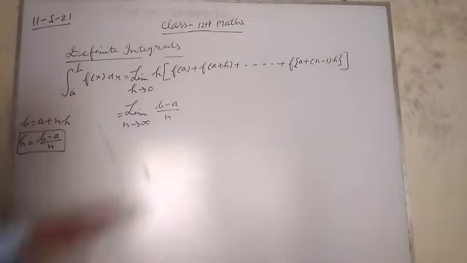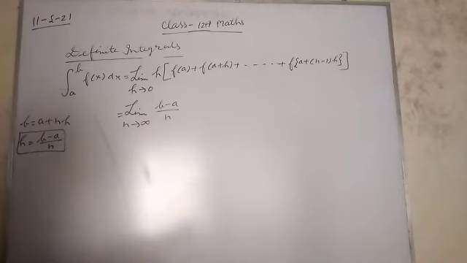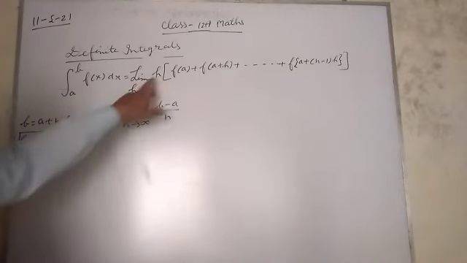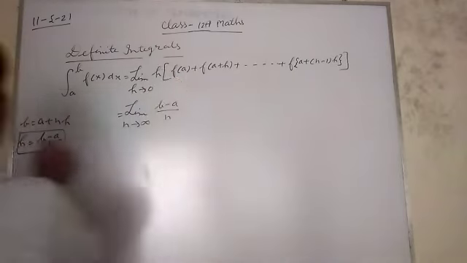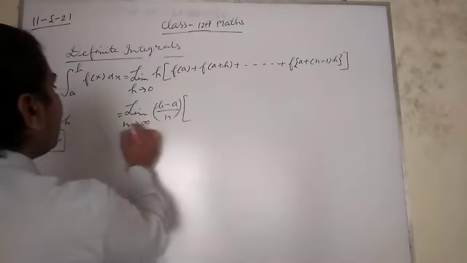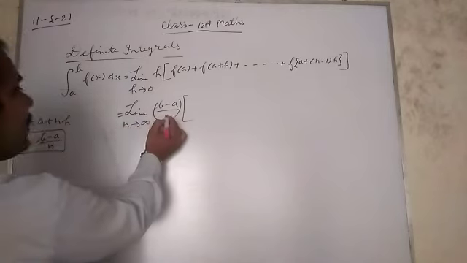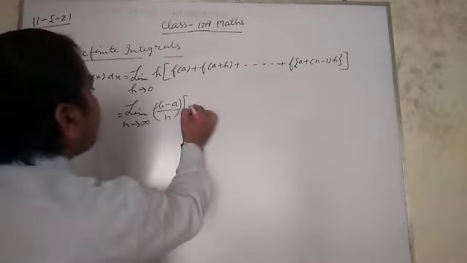If you want to write in this form, then n tends to infinity. Remaining thing will be the same, only in place of h, b minus a upon n, and then the limit will also change. Here h is not there, n is there, so n tends to infinity.